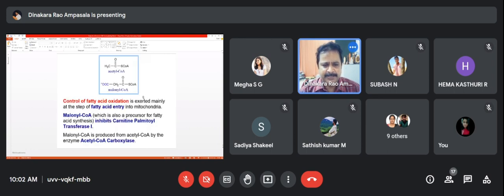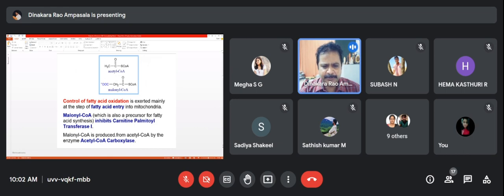For that, methylmalonyl-CoA, which is also a precursor of fatty acid synthesis, inhibits the carnitine palmitoyl transferase present outside to make carnitine fatty acid, so that it will not transport inside the membrane.